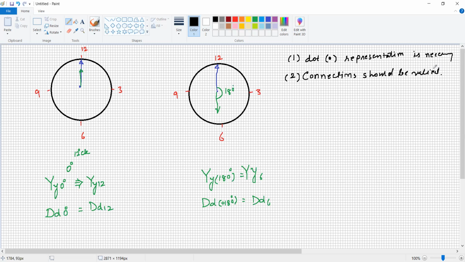Magnitude should be the same, which means their vectors should be equal, and they have the same phase sequence of the primary winding and secondary winding. Second is that the voltage should be 120 degree apart for the star connections.